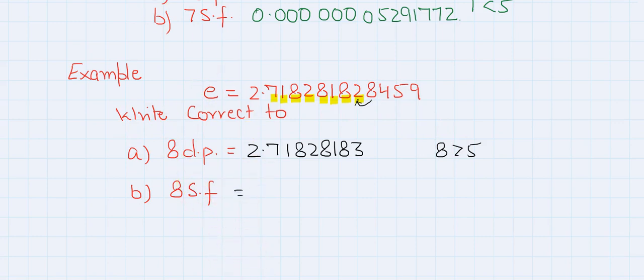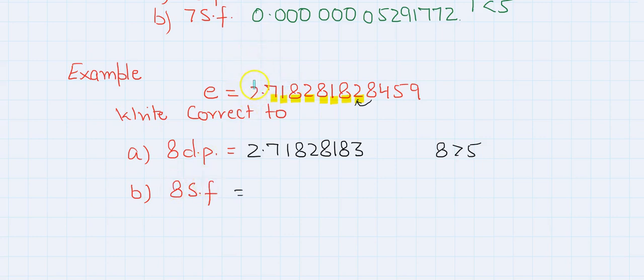Now let's find the significant figures. Significant figures start with a non-zero irrespective of where the decimal is. So we have to count 8 significant figures.